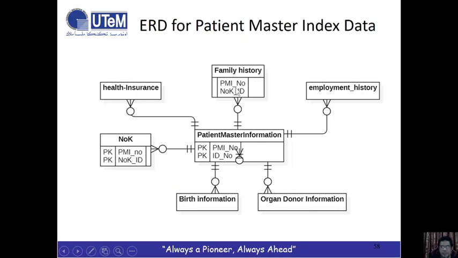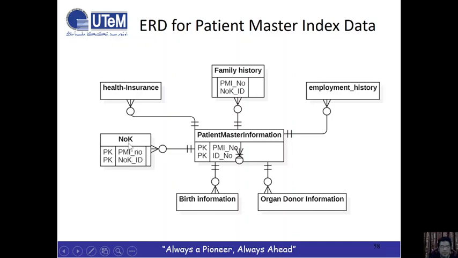Family history, for example: what are the attributes that support the family history information? Of course, the patient master index number that relates to the patient master information. Let's say Ali, so they have next of kin, Aminah, for example his wife. Of course, the patient master index number of Ali should be referred to the next of kin patient master index number.